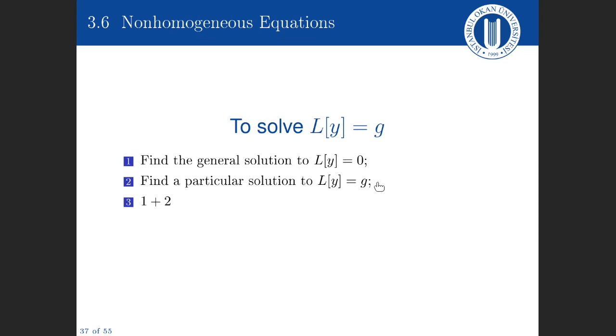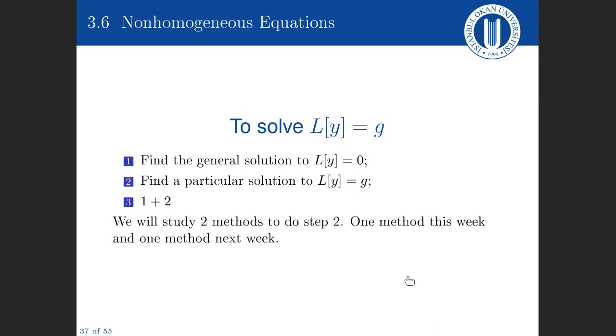Step 2, we're going to find a particular solution to our non-homogeneous equation, and then step 3, we're going to add these two functions together. You know how to do part 1, part 3 is easy, but how do we do part 2? We're going to study two methods to do the second step. One method we're going to do today, and the other method we're going to look at next week.